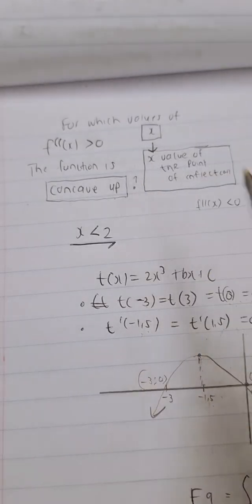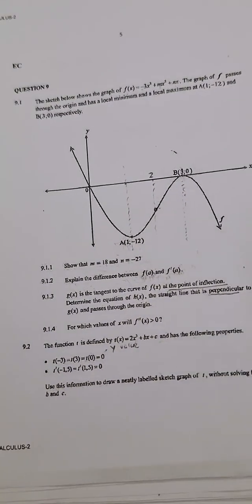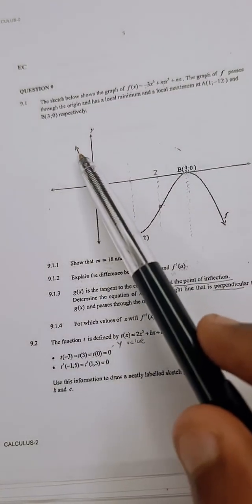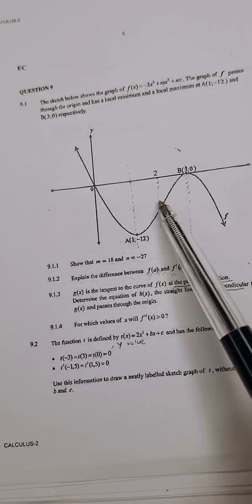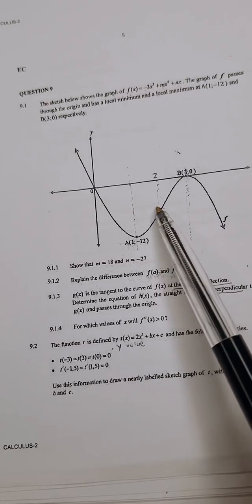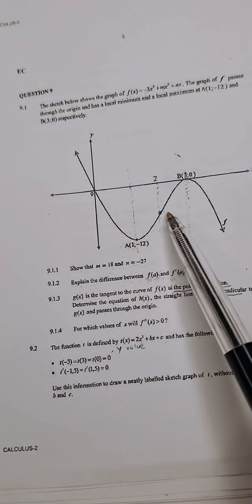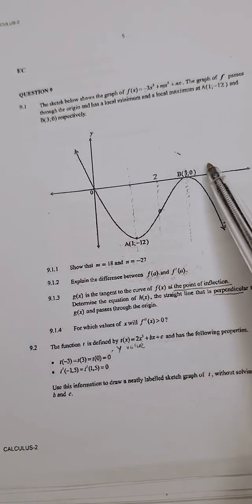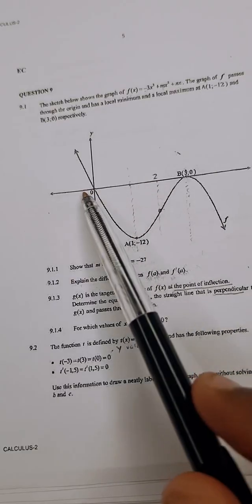If we trace back, that's f double prime greater than 0. Concave up is here, but it is held by the point of inflection, because the point of inflection shows where the concavity of the function changes. So concave up, then from this point onwards it's concave down. Concave up is where x is less than 2.